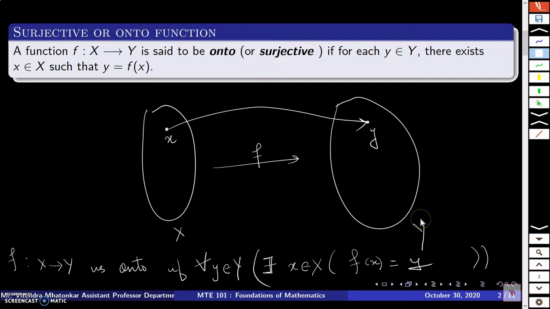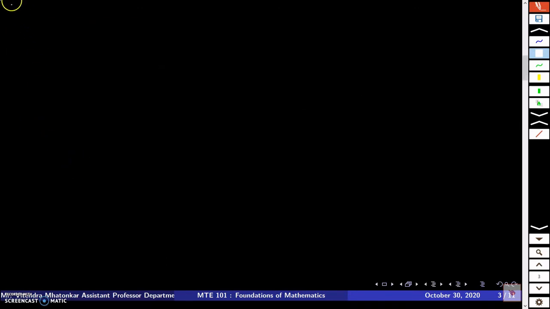Right. Now, one more thing to note here is for any function f from X to Y, we know that the range of the function is a subset of the codomain always. Right. So let me start with one function, and I will pick up an onto function.